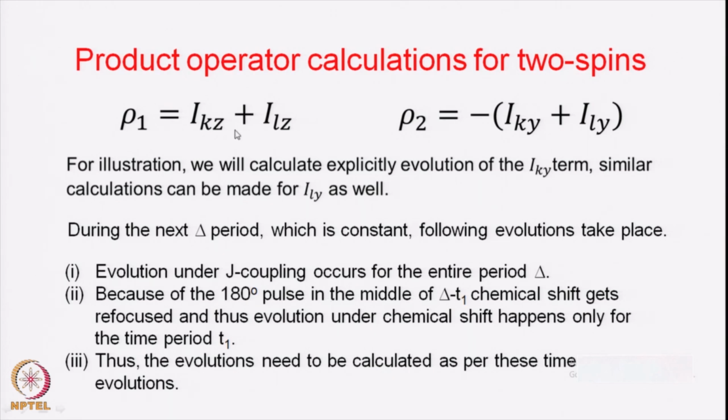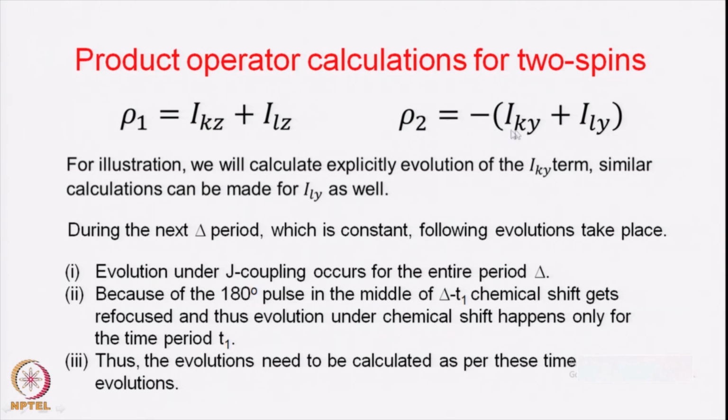So, let us look at the product operator calculations for a 2 spin system as we have done before for the other pulse sequences. For illustration, we consider a 2 spin system. The initial density operator rho 1 is Z magnetization of the 2 spins, IKZ plus ILZ, and once you apply the first 90x pulse, you create the Y magnetizations of the 2 spins, minus IKY plus ILY.